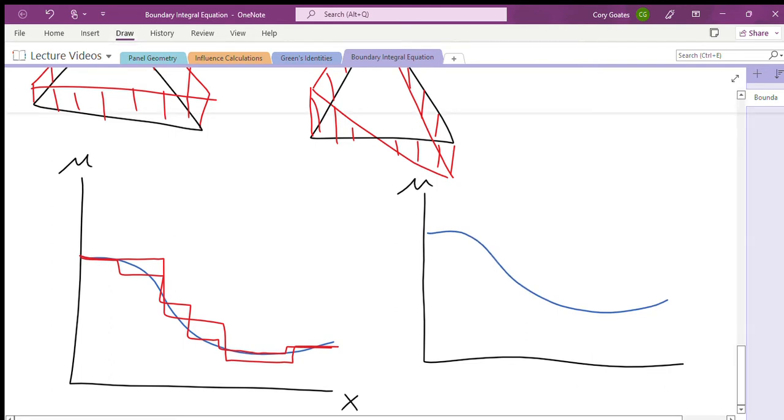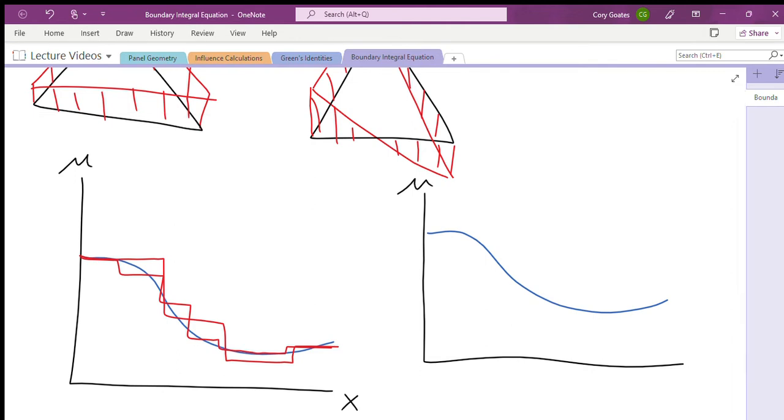Then if we've got a linear distribution and it's a fairly large mesh density, then it might do something like that. And you can see already with a fairly coarse mesh, we're much closer to the analytic solution than we were with these constant strength panels.